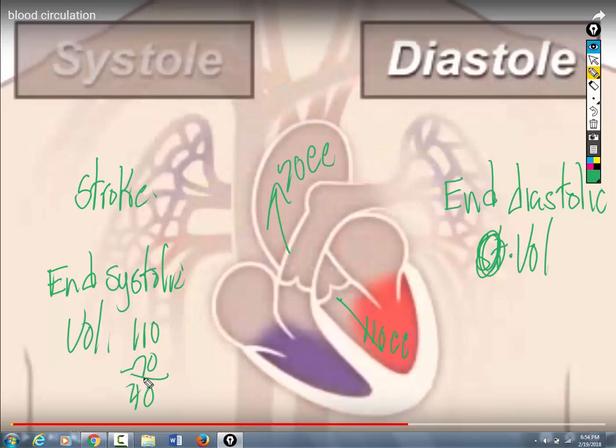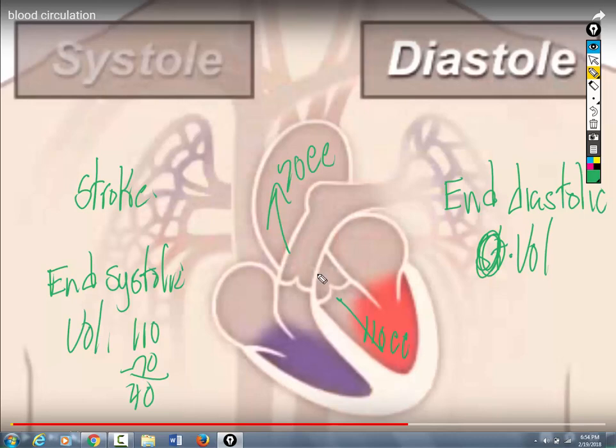Now, one of the things that a doctor or cardiologist wants to look at is the efficiency of the heart. How well is that heart contracting? Is something impairing the heart's ability to eject that blood? So when they look at a heart and they're looking at wall structure and volume, what they use is an echocardiogram. An echo looks at volumes and the structure of the heart, valves and wall movement.